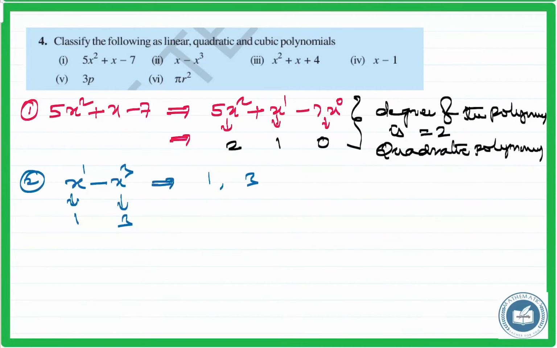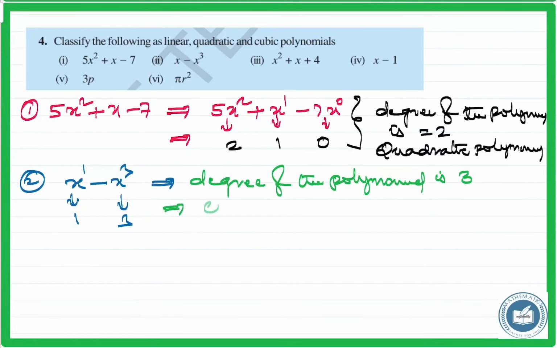Therefore here the degree of the polynomial is 3. When the degree of the polynomial is 3, this one is a cubic polynomial.